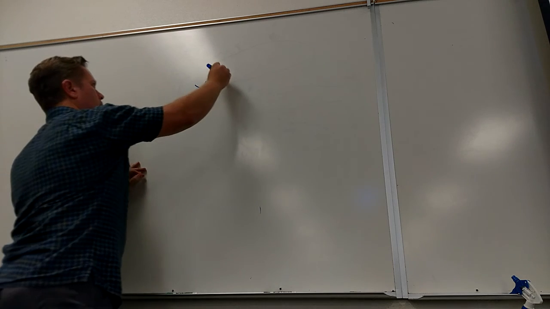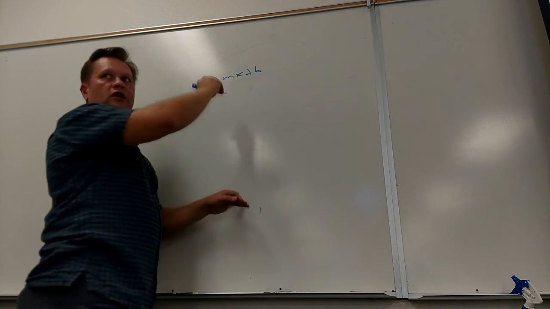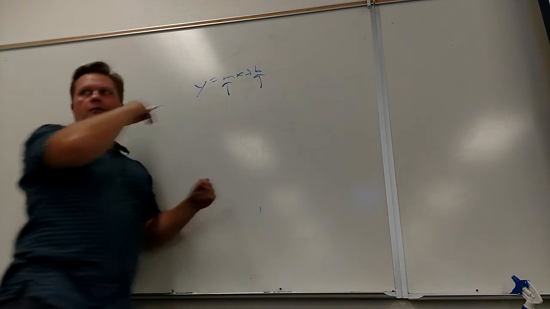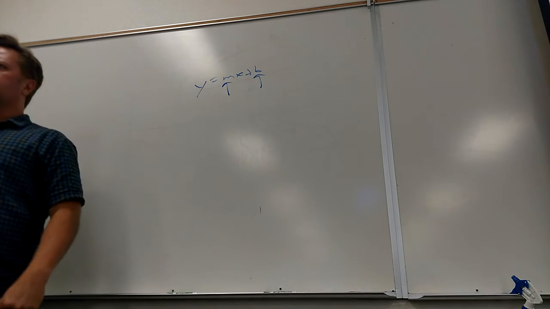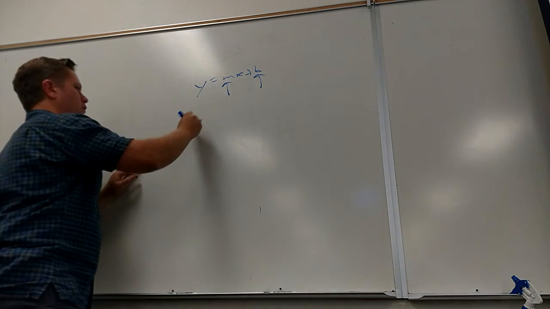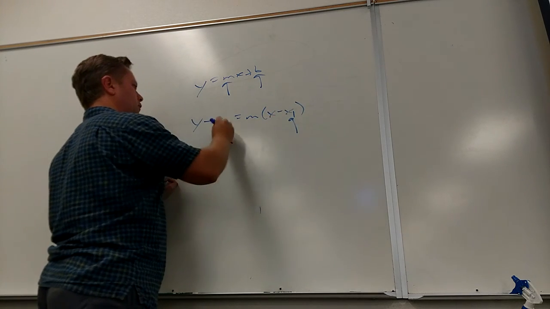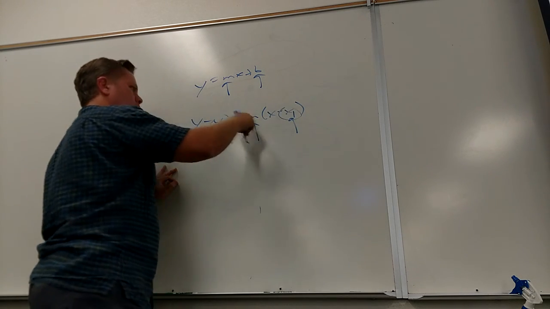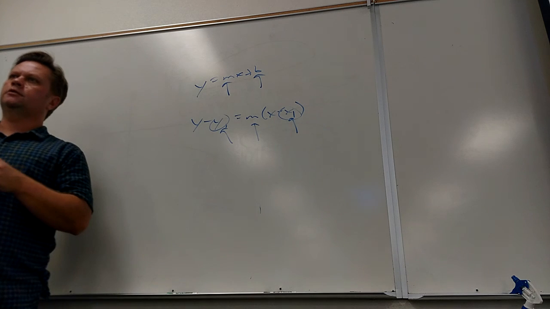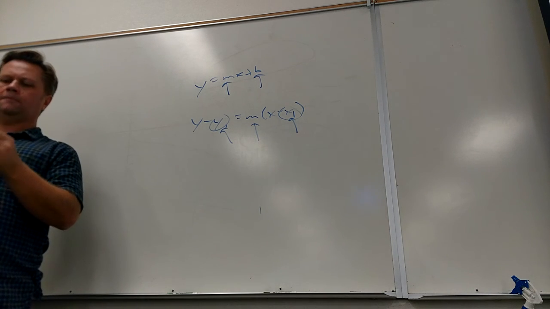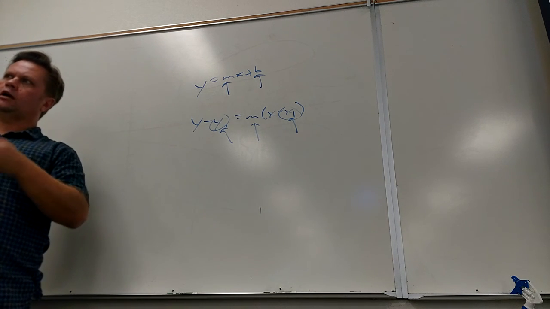We said, let's call that slope intercept because it's got the slope and the intercept. Do you see what I mean? Let's call this one point slope because it's got a point and the slope. So the name kind of gives it away.